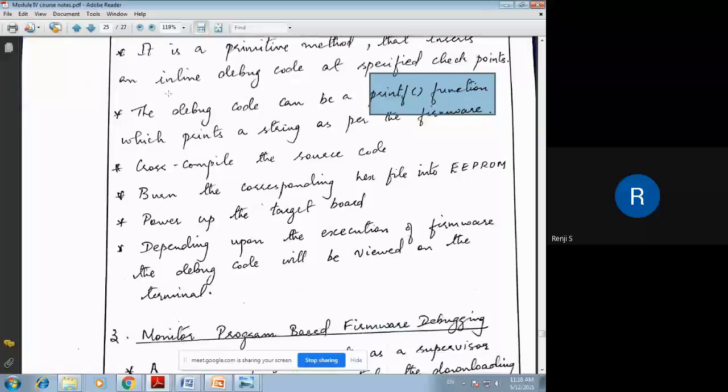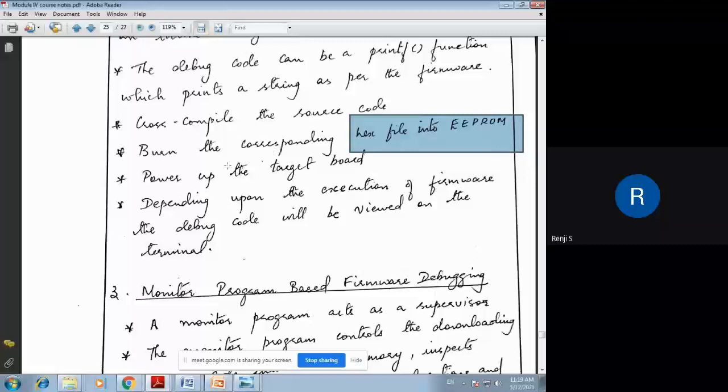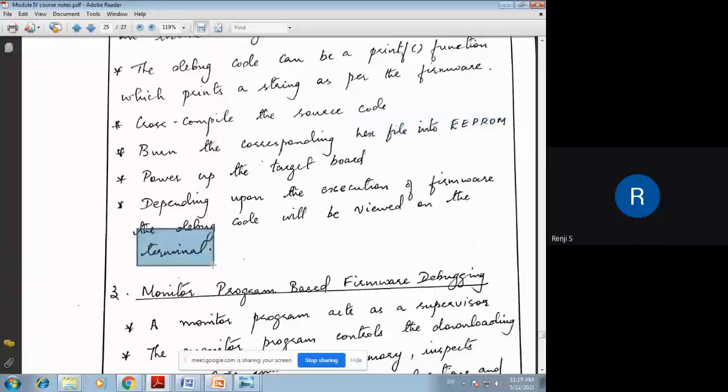After inserting the debug code, it is cross-compiled, and after cross-compilation this debug code will work along with your main code and you will get the output corresponding to the debug code you have written. After compilation, it will be burned into EEPROM. Once it is burnt into EEPROM and plugged into the target board, when the target board is powered up, it will start execution. The debug code will work along with your normal code, and you can view its output on the terminal.